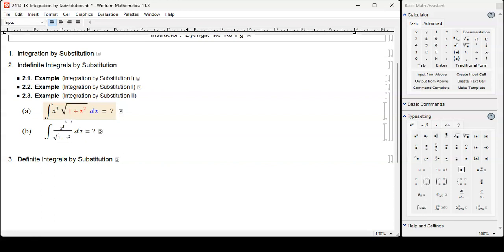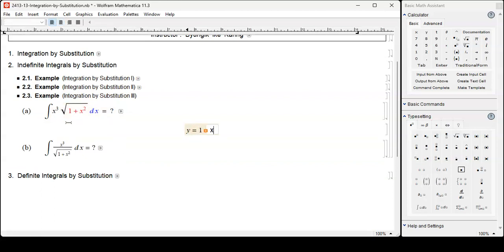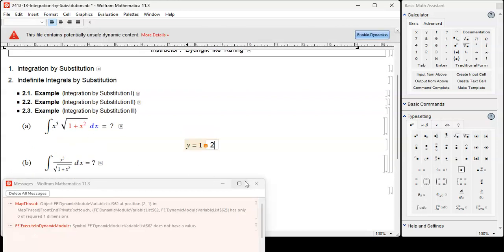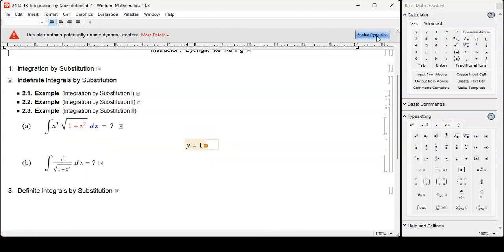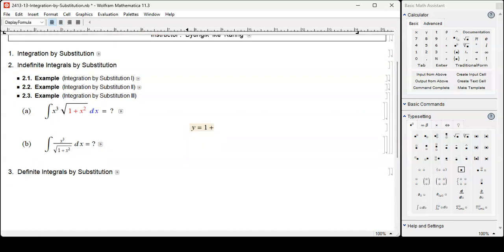These two are straightforward. So let's go with y equals 1 plus x squared. Sorry about the typo. Okay, all right, that's the inside.